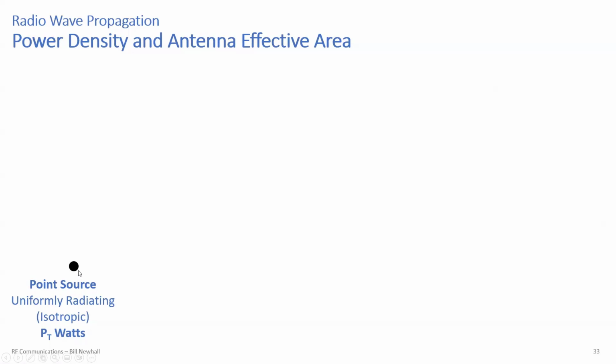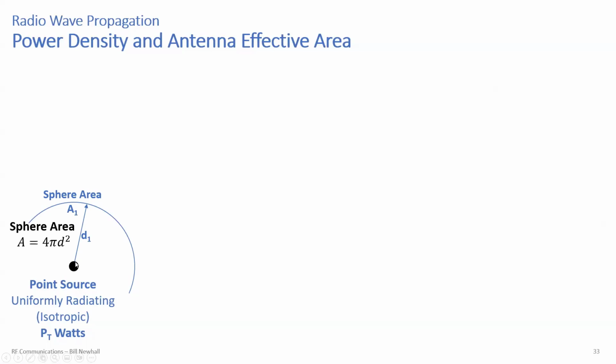And let's suppose you're feeding that point source with PT watts. So PT watts is being radiated from that point source uniformly in all directions. Let's go out a distance d1 and imagine this is a sphere. It's not just a circle, it's a sphere surrounding that point source. Well, that sphere has an area. That area is 4 pi d1 squared.